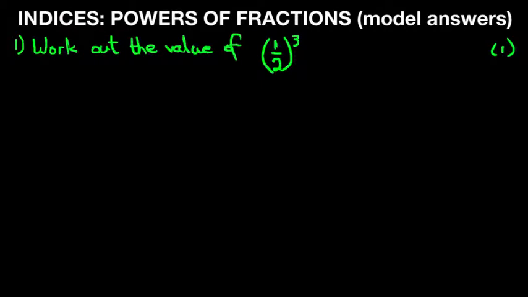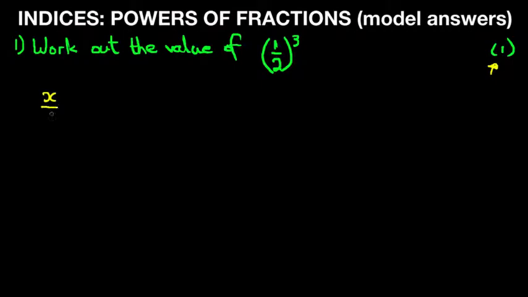Number 1. Work out the value of a half to the power of 3. Now the first thing you will notice is that this is a 1-mark question. So which formula do we use? Well, in the tutorial we wrote this down.